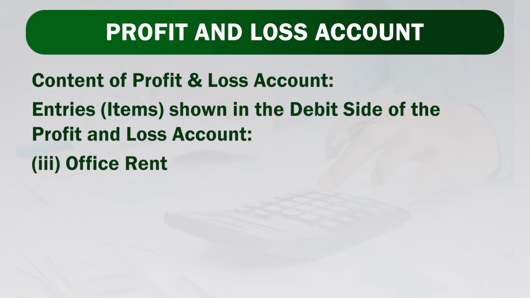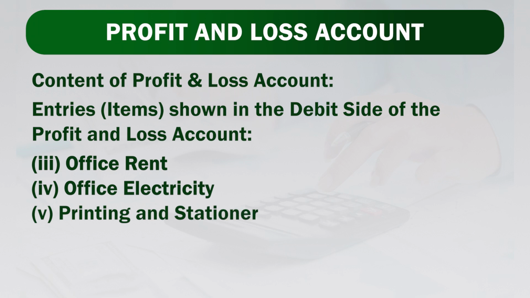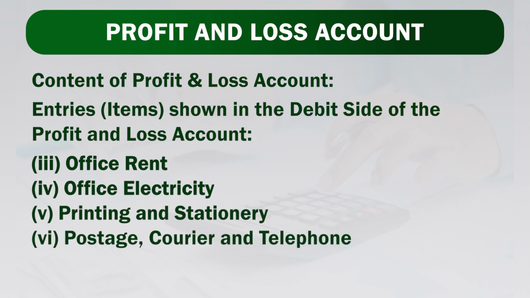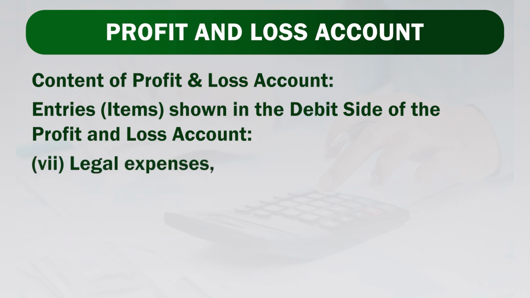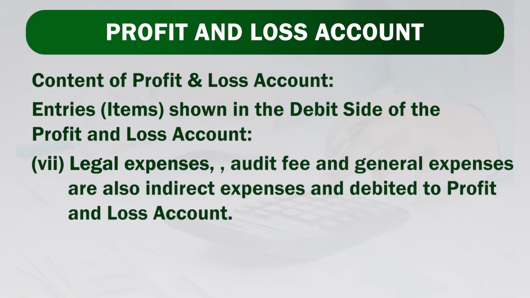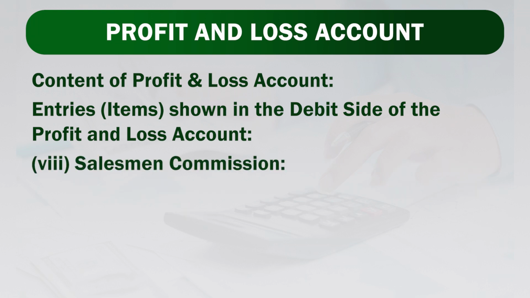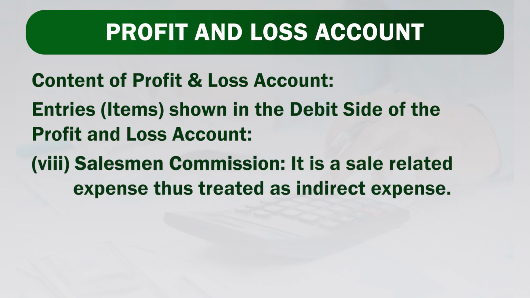Next item is office rent, then office electricity, printing and stationery, postage, courier and telephone, legal expenses, audit fee, general expenses are also indirect expenses and debited to profit and loss account. Salesman commission, it is a sales related expense, thus treated as indirect expense.